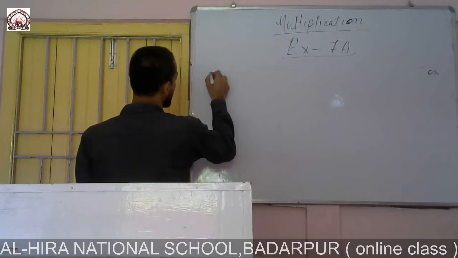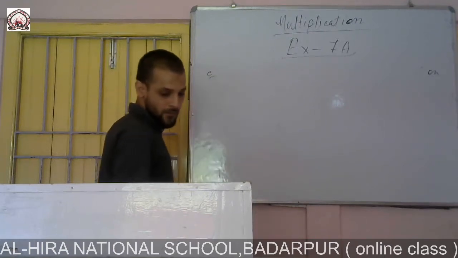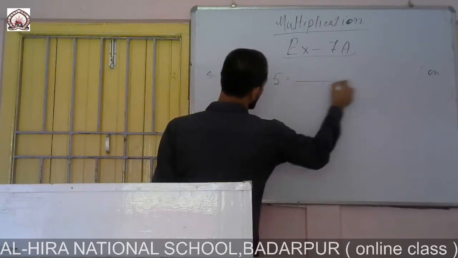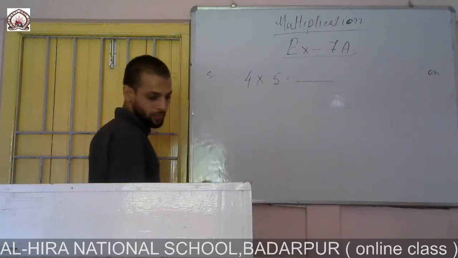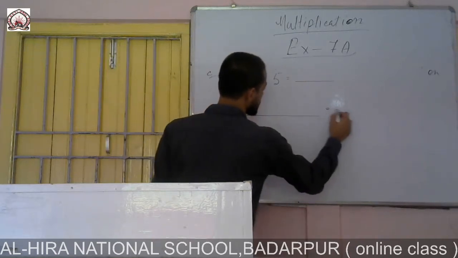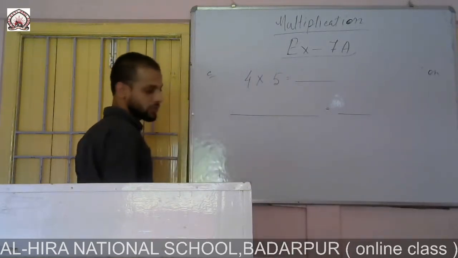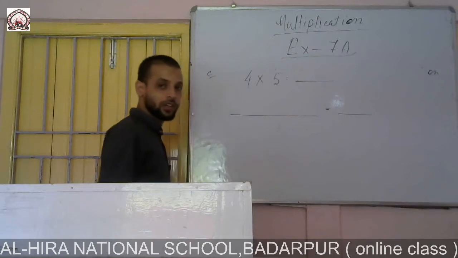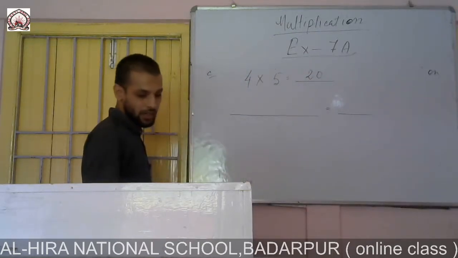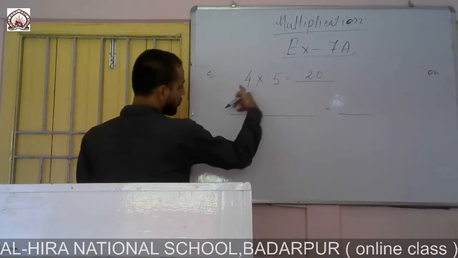Now see, 4 multiplied by 5 equals dash, equals dash. Here you see 4 into 5, four 5s are 20. You will write here 20. How many 5 are there? Four 5s.